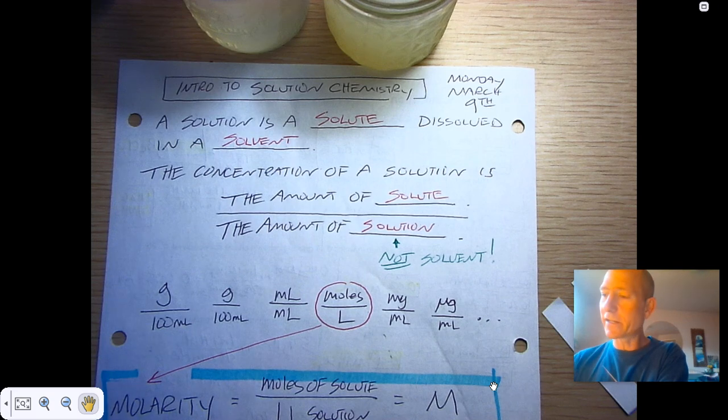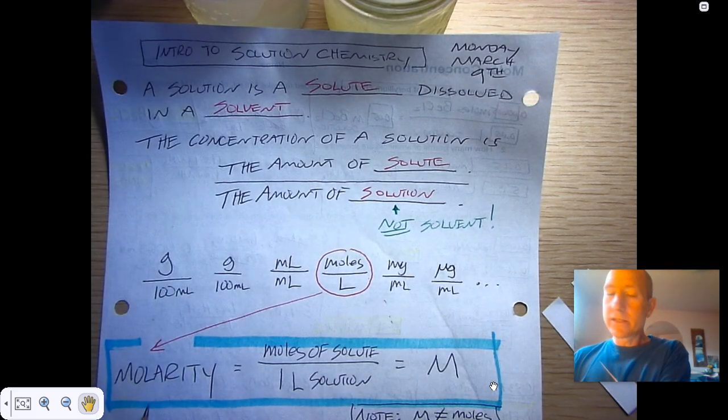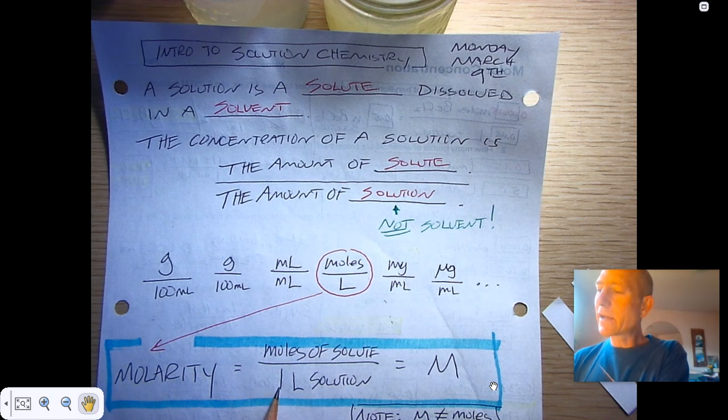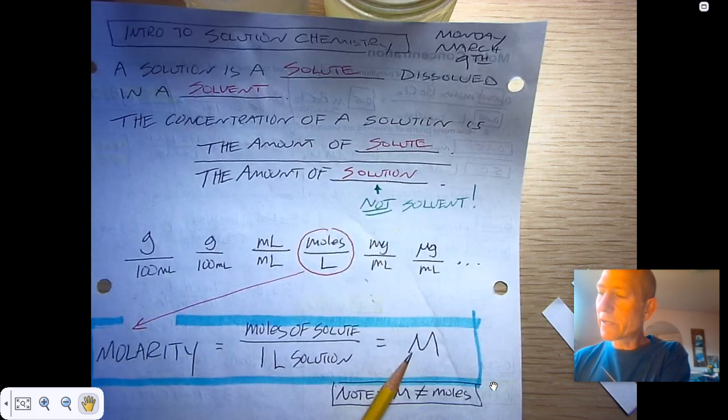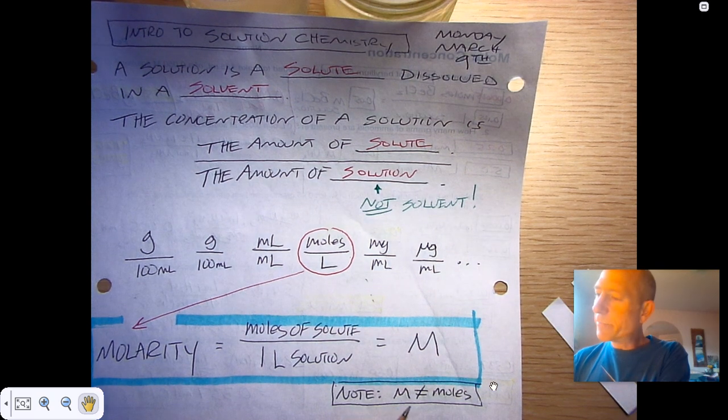So molarity is equal to the moles of solute, that's the chemical that's dissolved in there, divided by how many liters of solution you have. And it's symbolized with a big M for molarity. So note, big M does not mean moles, it means moles per liter or molarity.